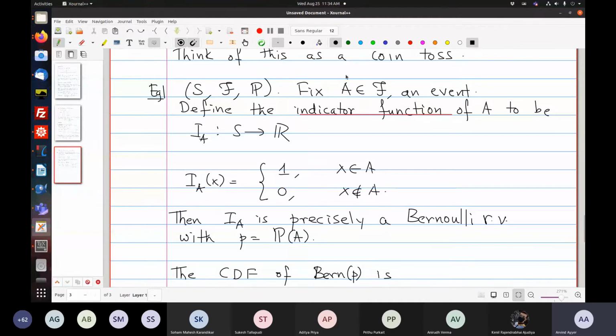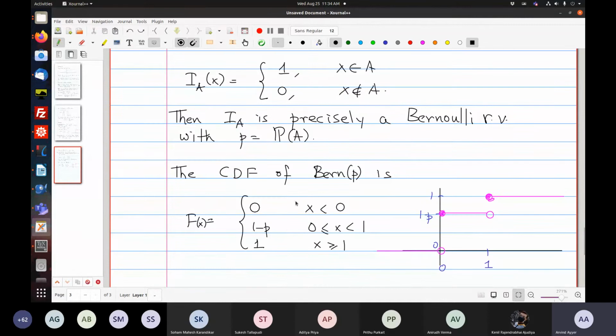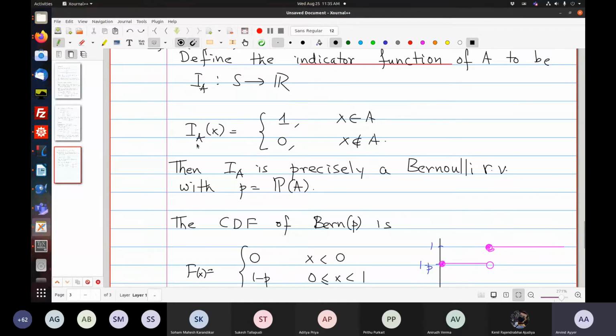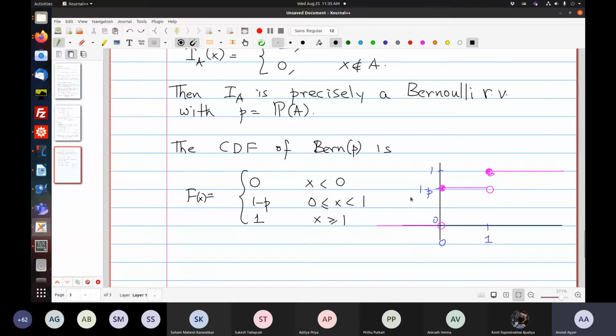I have this event A, and now my indicator function is a random variable which only relates to A. All the information about the randomness of A and randomness of I_A is contained in this function with small p equal to bold P of A. So don't get confused.